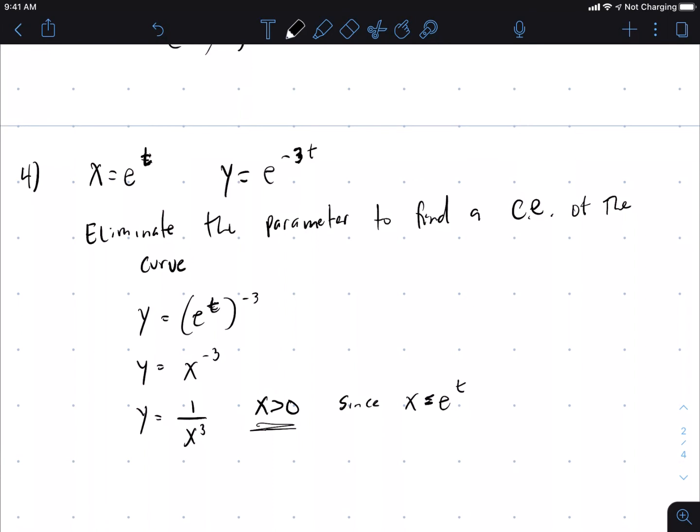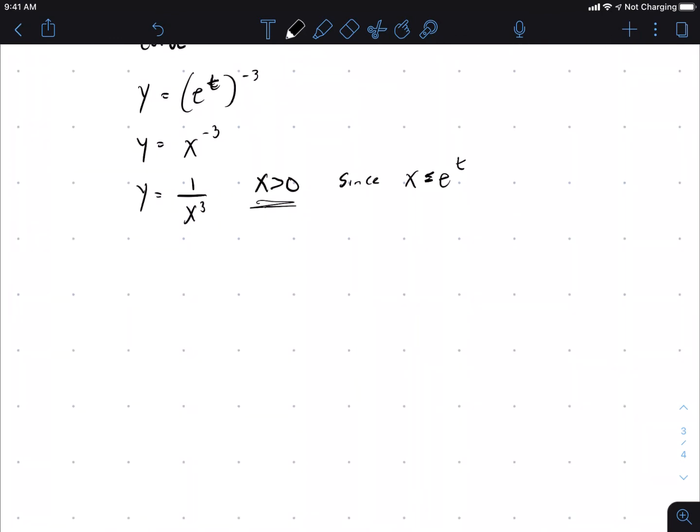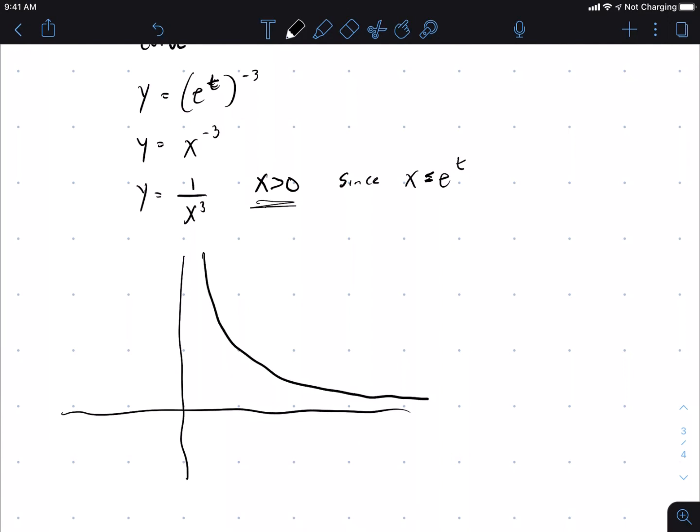Okay. And then to graph this, it's easy. 1 over x cubed is simply going to look like this, and the direction it's going from is from 0 to infinity, right? So the direction it's going to is that way. Any questions on this one?